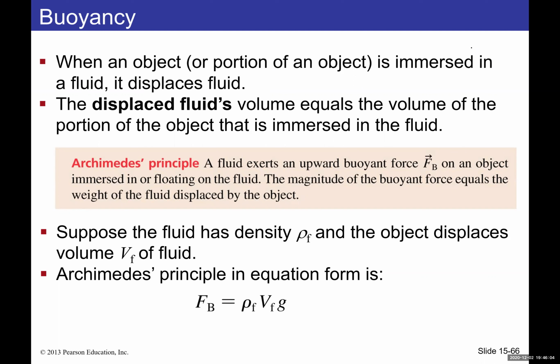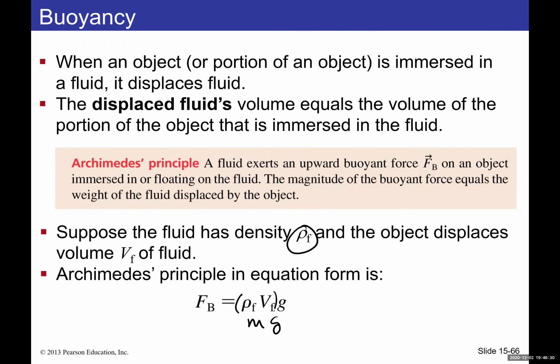Okay, that means one thing we can do here is that suppose the fluid has a density rho F, and the object displaces volume Vf, the volume of the fluid displaced. Then Archimedes' principle in equation form is basically the weight. Remember, weight is mass times gravity, but we write mass in terms of density times volume.